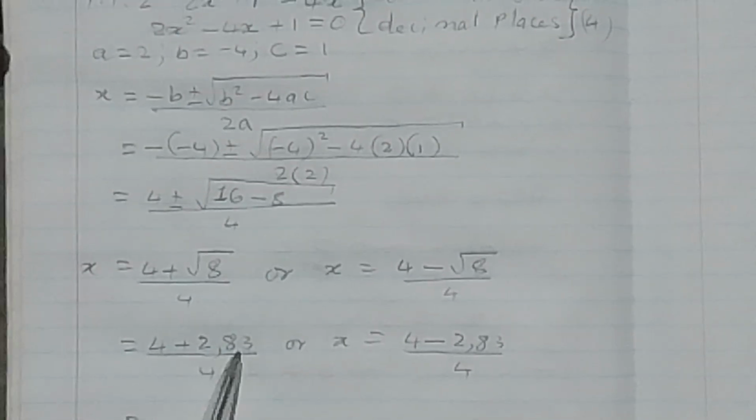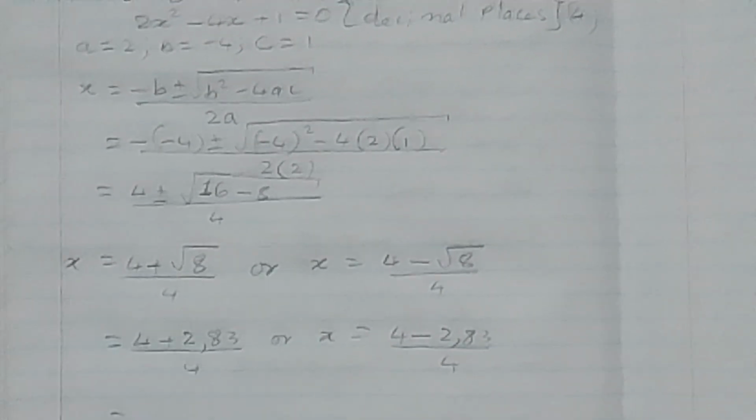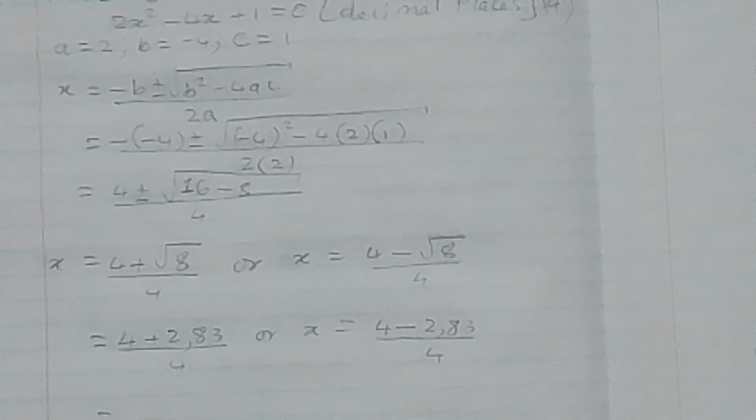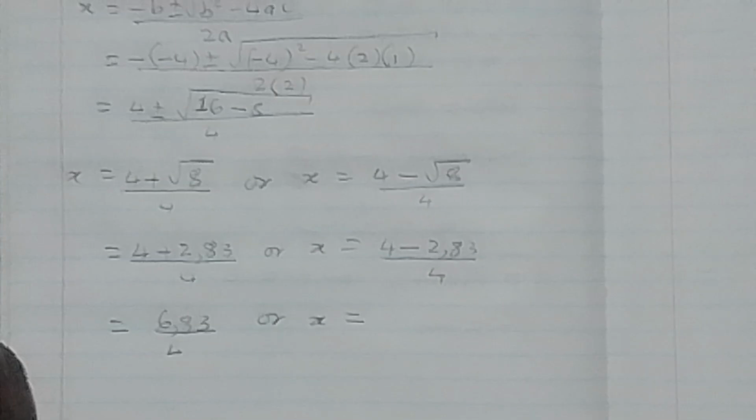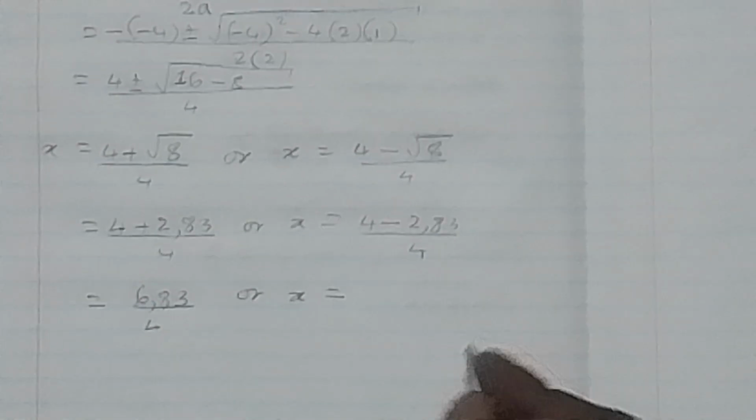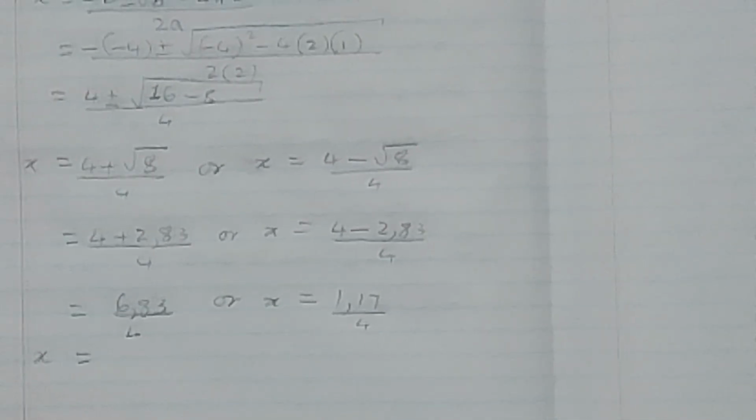So you take this 2,83 and add it to 4. 4 plus 2,83 is equals to 6,83 divided by 4, or x is equals to 4 minus 2,83, which is 1,17 divided by 4.